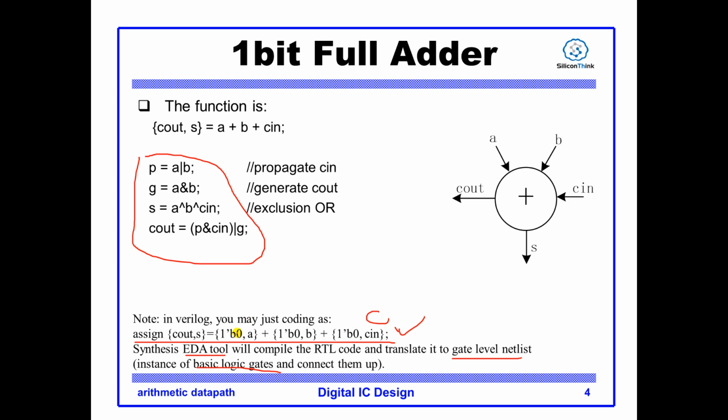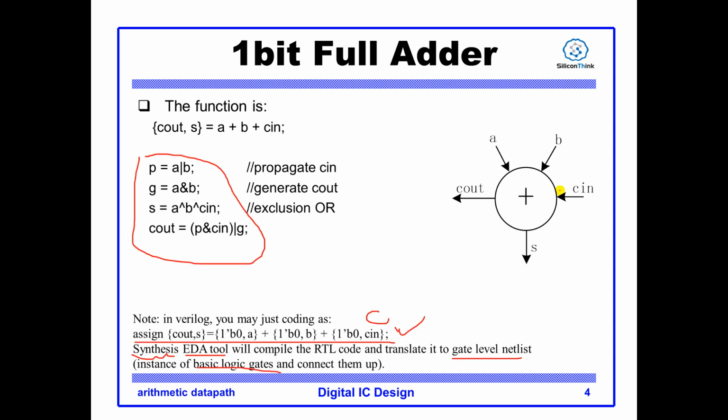So this process is called synthesis, translating to get a gate-level netlist. This is always done by EDA tools. So that's why there is no need for you to implement an adder. This is done by synthesis tools.